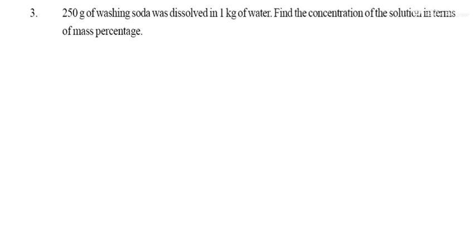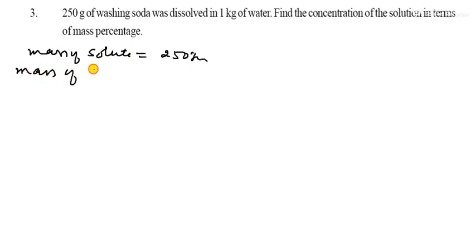Now come to the next question. 20 gram of washing soda was dissolved in 1 kg of water. Find the concentration of the solution in terms of mass percent. So you have a formula. The mass of solute is given as 250 gram, dissolved in 1 kg of water. So the mass of solvent is 1 kg, and you can write it as 1000 gram.